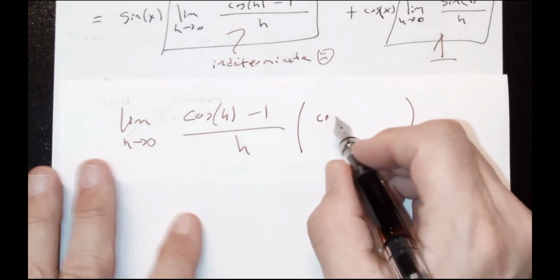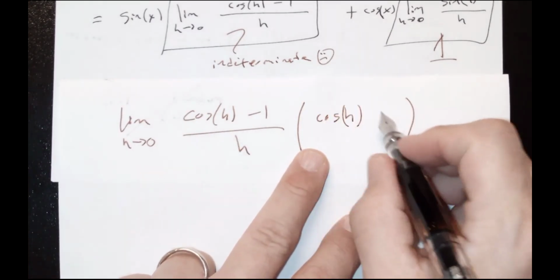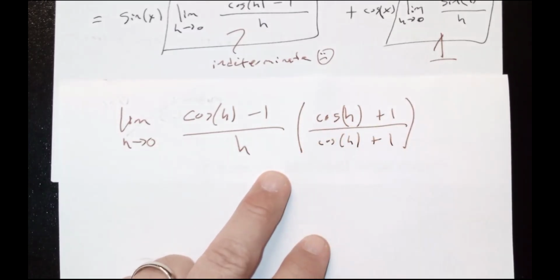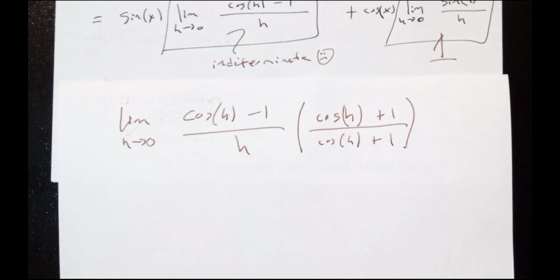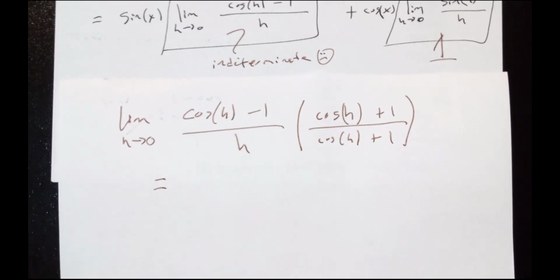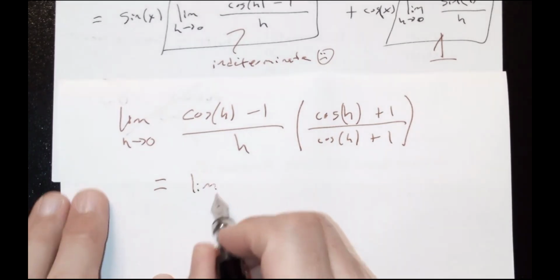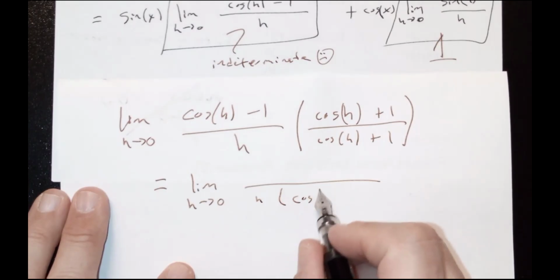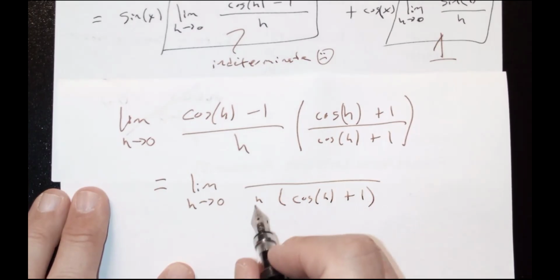The conjugate, cosine of h plus 1 over cosine of h plus 1. Now, I'm pretty sure you're all looking at me going, what? I promise this gets better. I'm not going to touch the bottom for the moment. I'm just going to leave the bottom as h times cosine h plus 1.